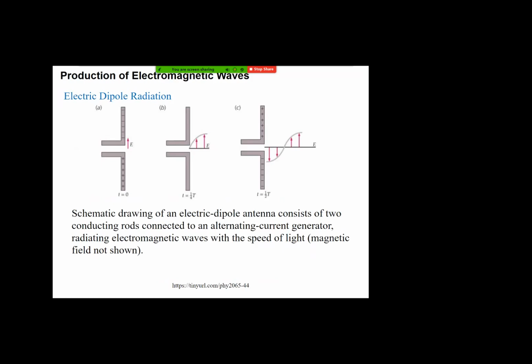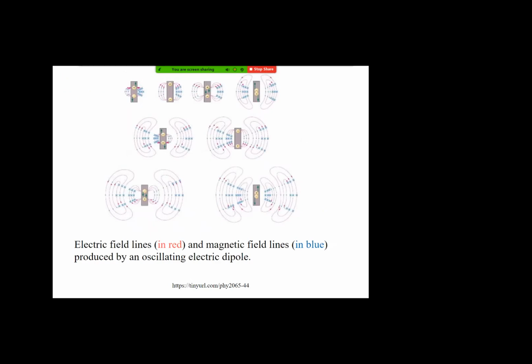Now again, let's take a look at the production of EM waves. If you have an electric dipole, two pieces of metal connected to an AC current, then at a given moment you have positive charges on this one, and then on the other one you have negative charges. The AC power supply alternates positive and negative all the time with sine functions. So you have an E field between these two that varies as a sine function, and because you have a varying electric field, you generate a magnetic field.